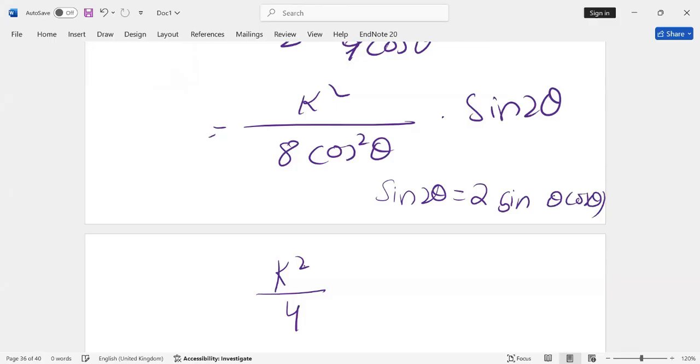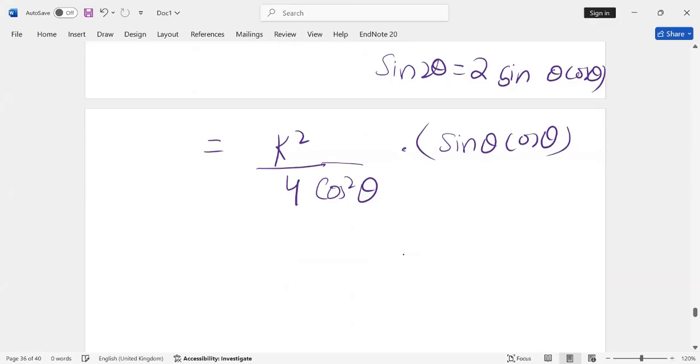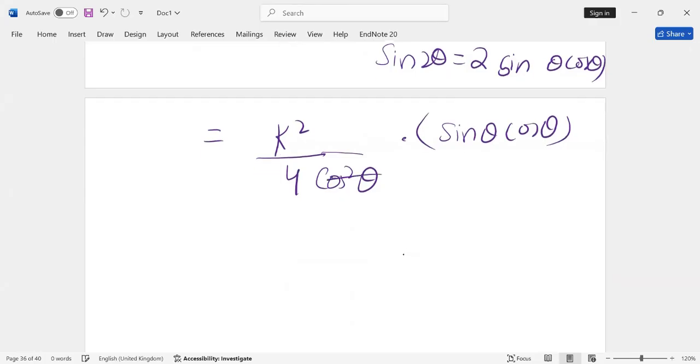If I open this, this 2 cancels with this 8, and over here we have cos square theta, and over here sine theta cos theta. So this cos cancels with this, we have K square by 4, and we have sine theta by cos theta.